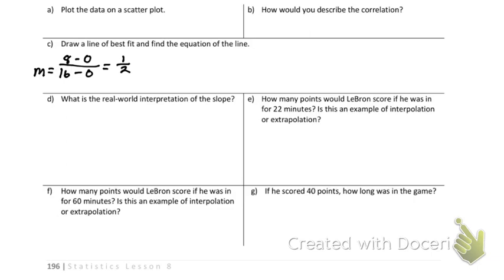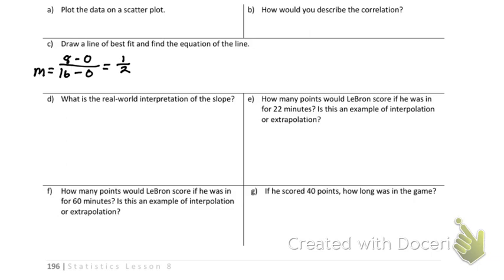Now I have to pick a point to plug in so I can come up with my equation. In this one case, there is one point that's a lot easier to use than the other. Does someone want to guess what point I'd probably want to use? Yeah, I would use (0, 0), because when we plug in (0, 0), we don't have to do much work after that.